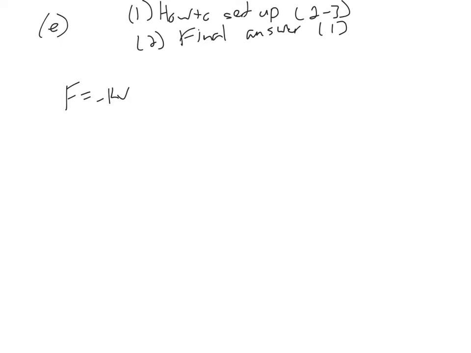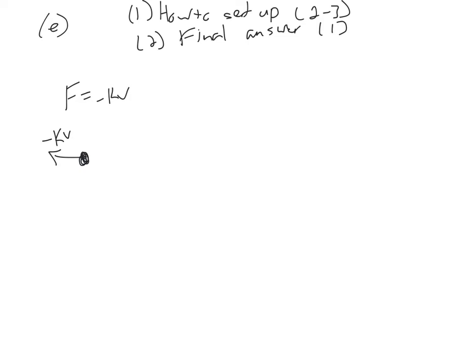and they want us to write but do not solve the differential equation for the speed. Alright, so we have an object that's being affected by some frictional force, some drag force that's speed dependent.